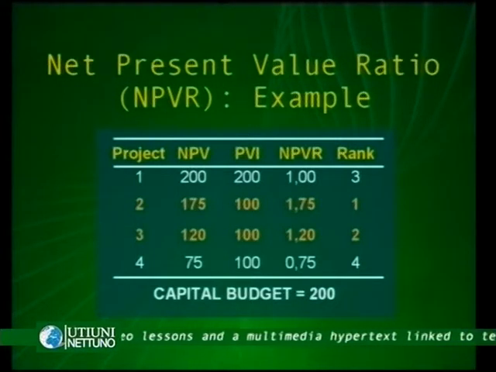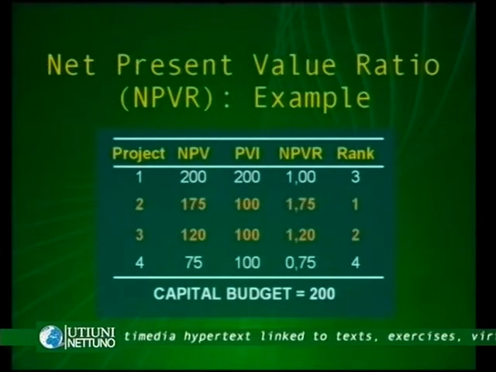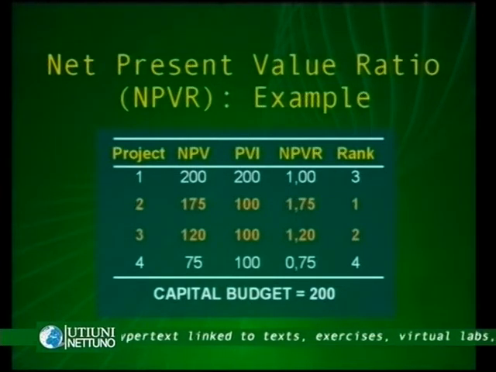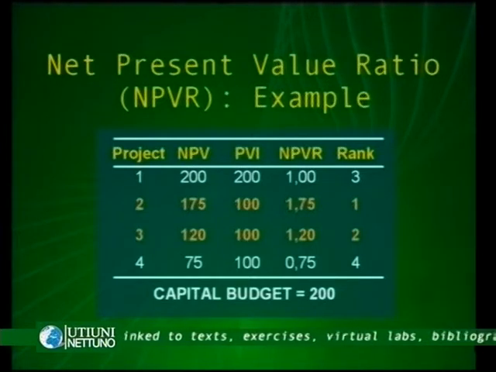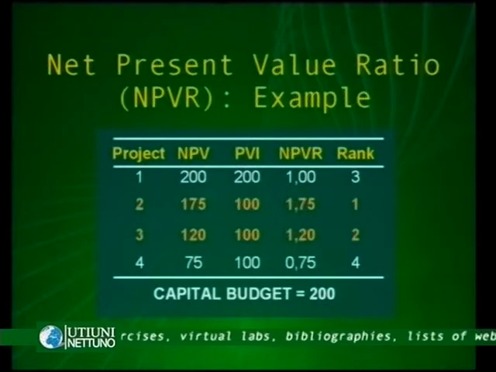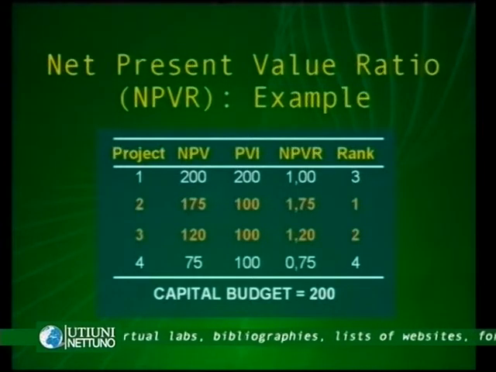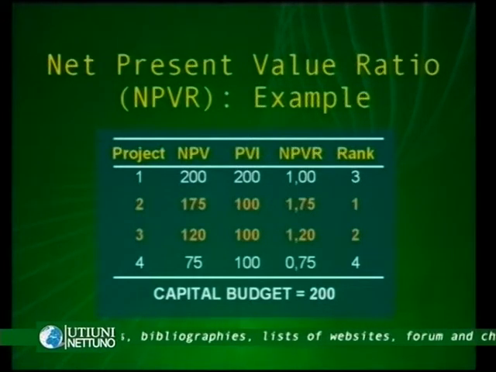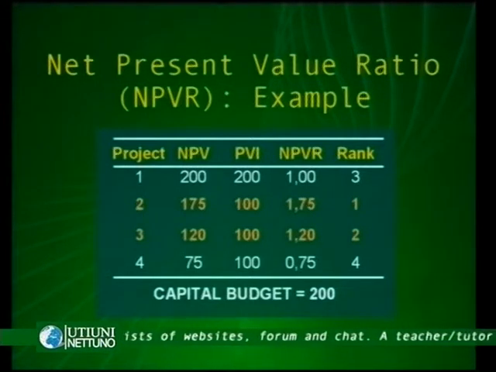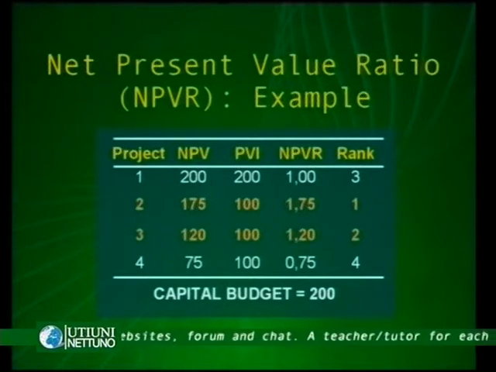In this particular case, we have a capital budget of 200. So this means that in this particular period, we cannot invest more than 200 in the available projects. And we have to choose among 4 projects here that are named Project 1, Project 2, Project 3, and Project 4.